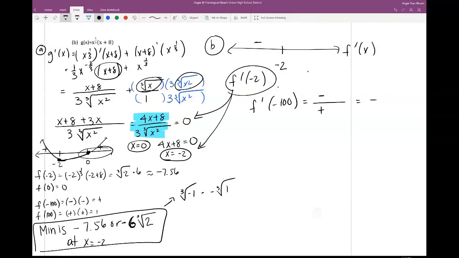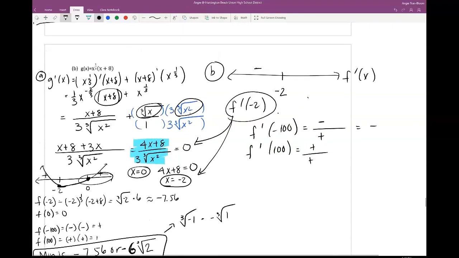And then f prime of 100: on the top, 4 times a positive 100 is positive, and anything squared is going to be positive. That's always going to be positive. So this is positive.